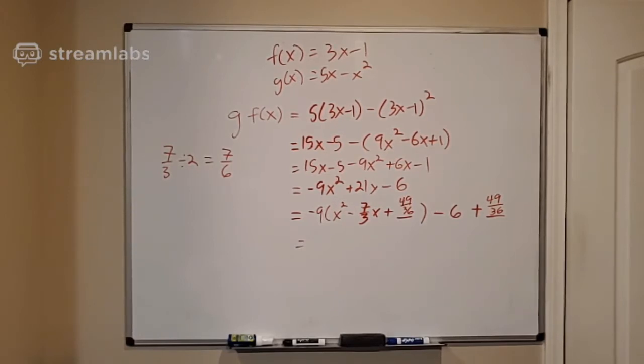It has to do with the 49 over 36. No, 49 over 36 is correct because you have to cut it in half, so you get 7/6. But it's something to do with the 49 over 36.